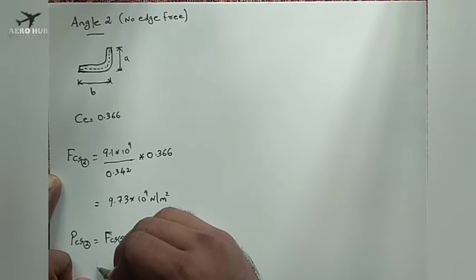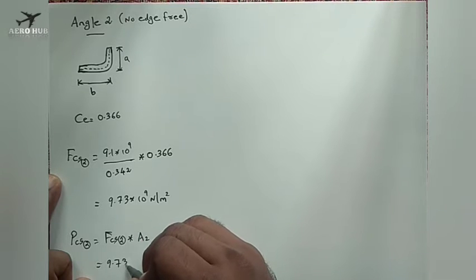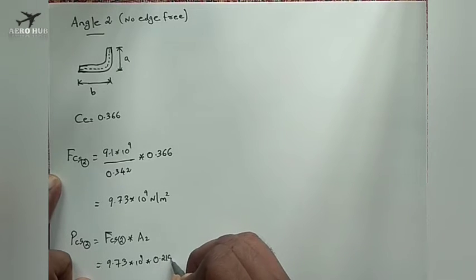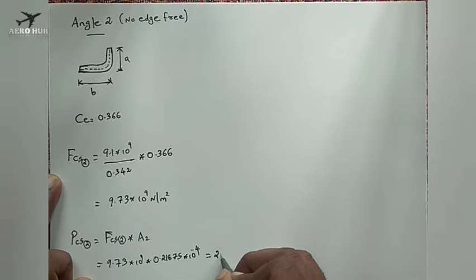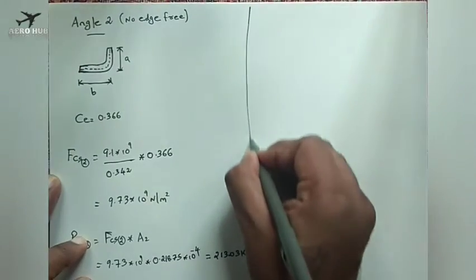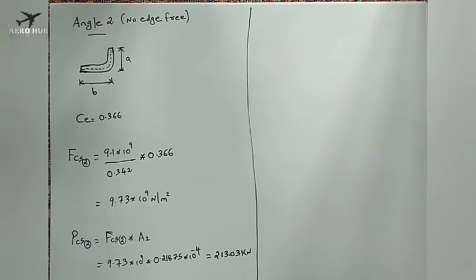That will be 9.73 into 10 power 9, the area is 0.21875 into 10 power minus 4. Okay, so I will be getting an answer of 213.03 kilonewton. This is the value of PCS for angle number 2.